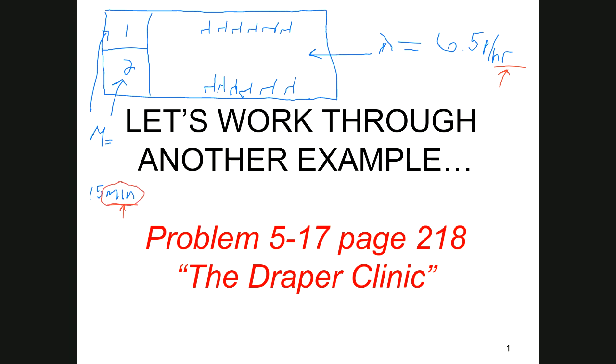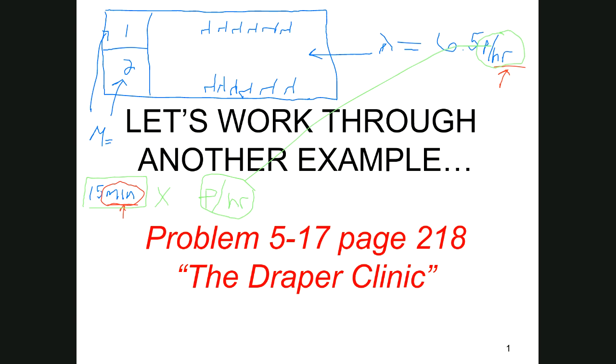The next thing that you should notice is that 15 minutes per patient is not a rate. What we want is patients per hour, just like our arrival rate is in terms of patients per hour.